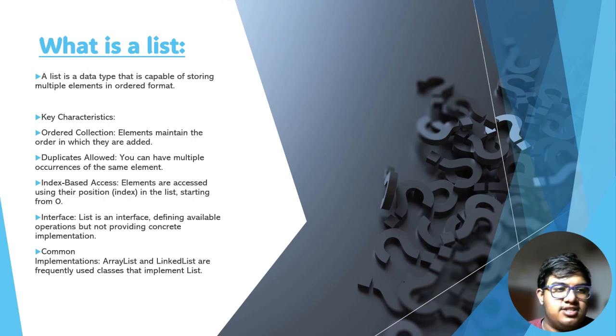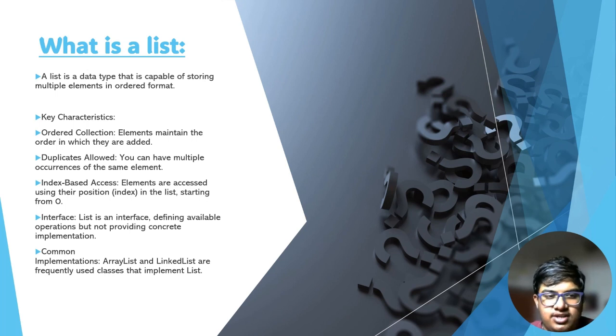The characteristics being ordered collection, which means the elements maintain the order in which they are inserted. So the first element which is inserted is going to be in the same place and it won't be changed. The next element will be the next one. So it is done according to an index operation, which you'll see soon now.